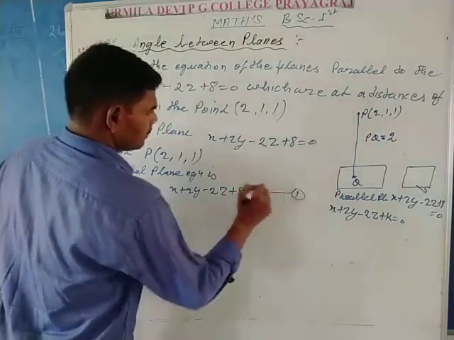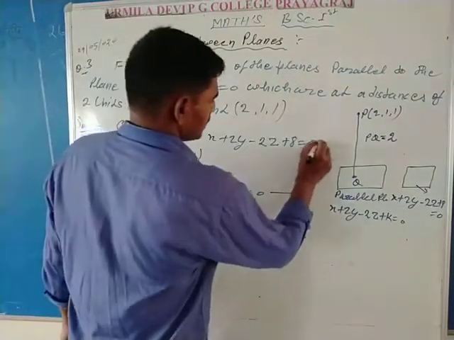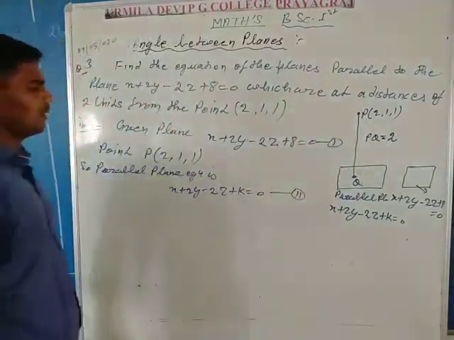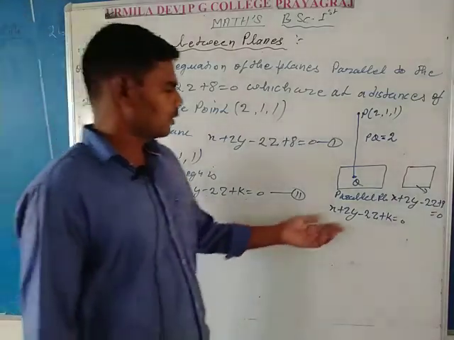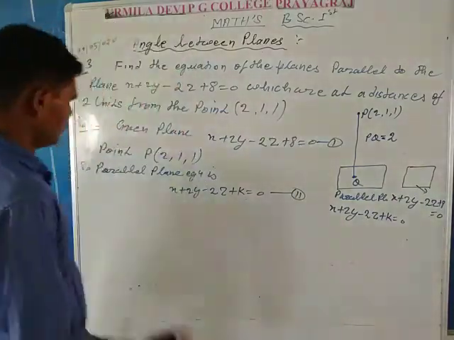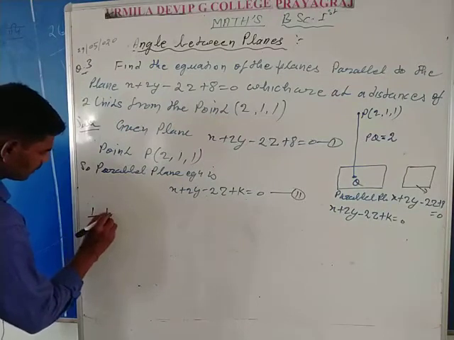Suppose that this second plane is the parallel plane. So we need the perpendicular distance from the point to this parallel plane.